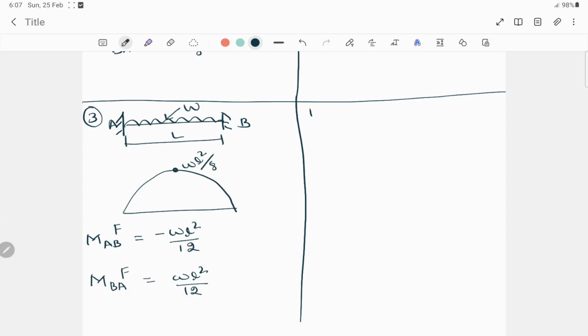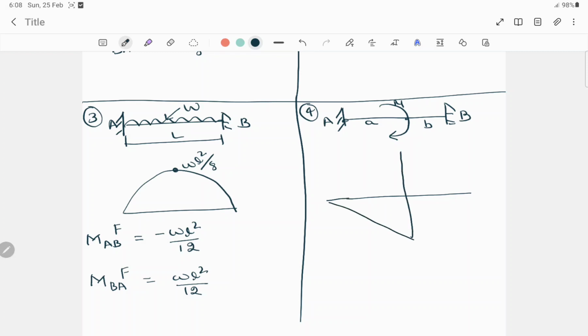Now the fourth case is, suppose it's a fixed beam and one moment M is acting here, and the distance from here to here is small a and here is small b. Let it be capital A and B. So here the bending moment diagram will be like this.